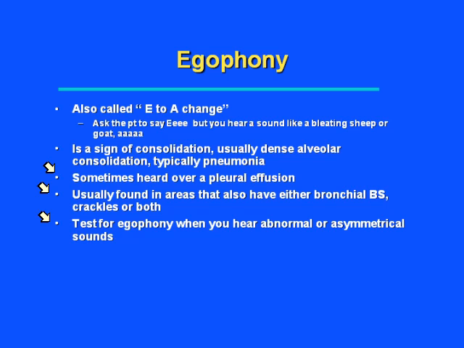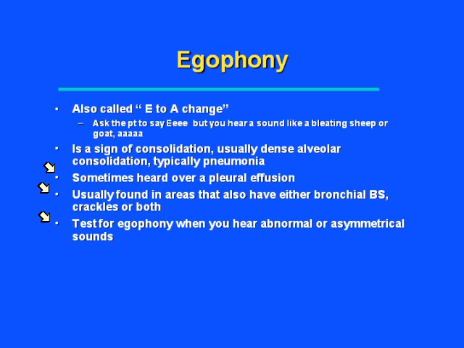And I don't have a separate slide for whispered pectoriloquy, but that's a related finding to the increased sound transmission. We demonstrate whispered pectoriloquy by having the patient whisper 1, 2, 3. It's important that they actually whisper it, and some people find it hard to whisper, so saying 1, 2, 3 is not actually whispering.